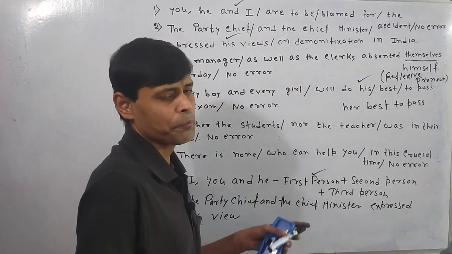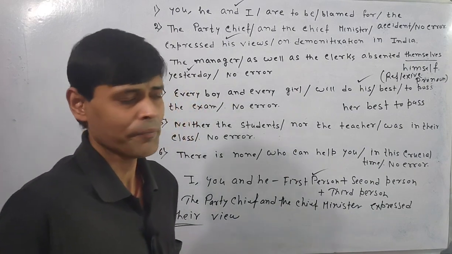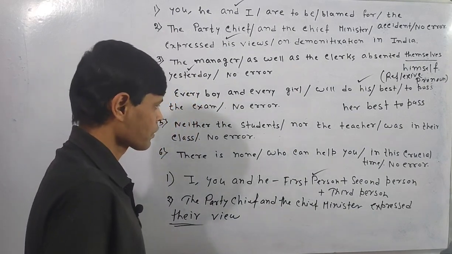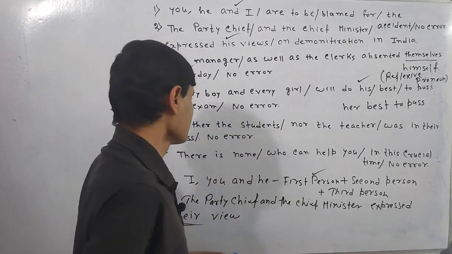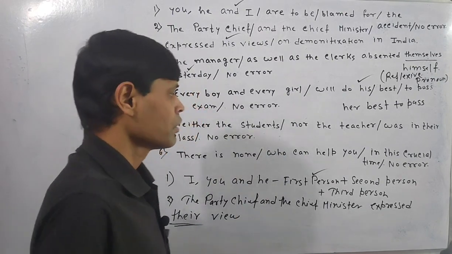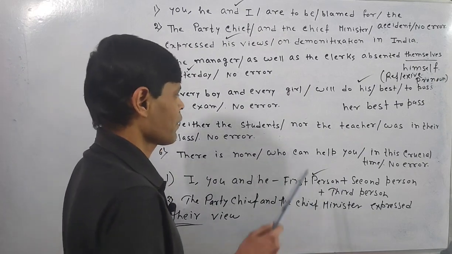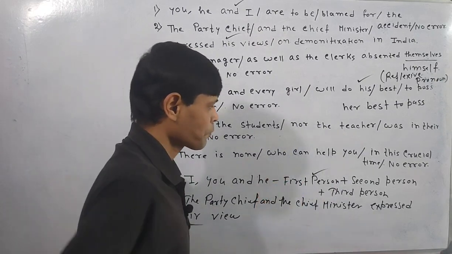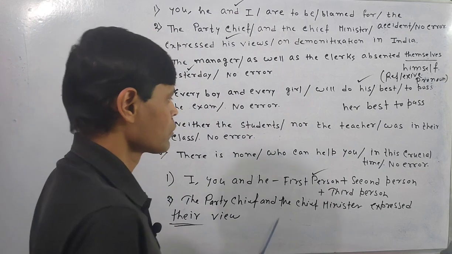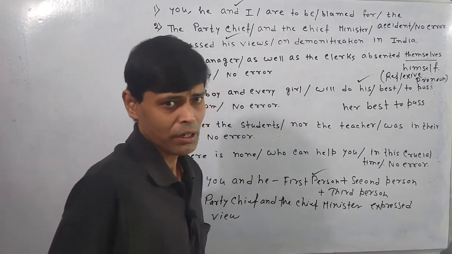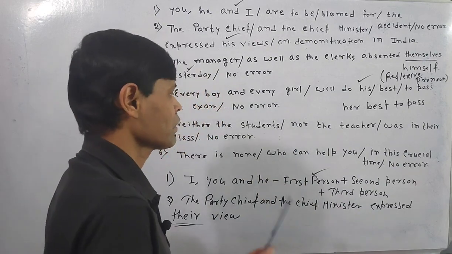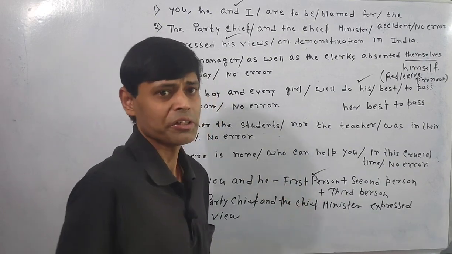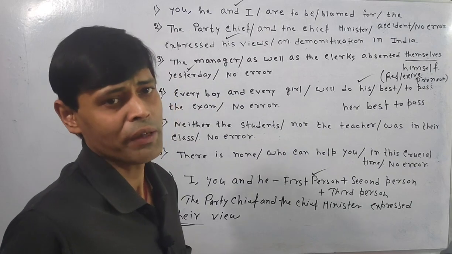Whenever conjunctions like neither nor, either or are used, you have to keep in mind that whatever will be written after the word nor, or in case of either after the word or, will be taken into account as the subject.